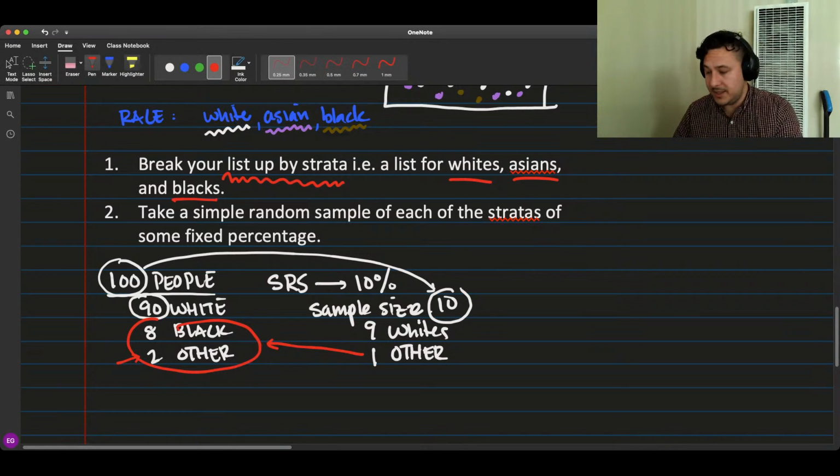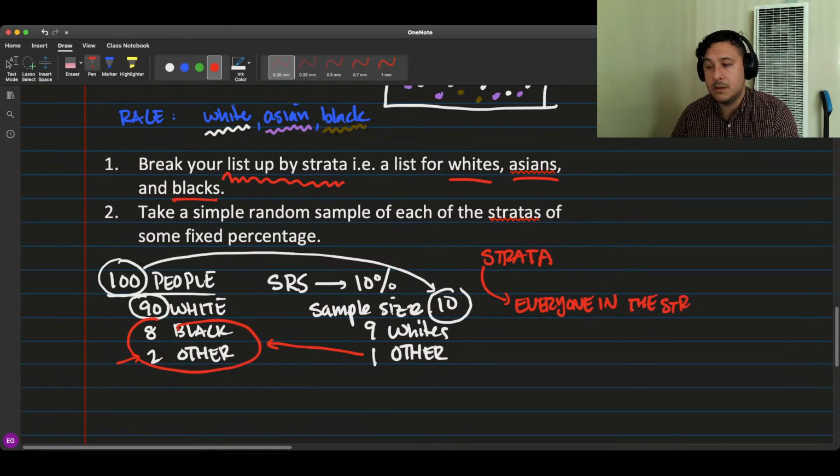I want to point out that these strata, your strata of the white people, the Asian people, and the black people, the people in the strata have something they share in common. Everyone in the strata has some similar thing about them.